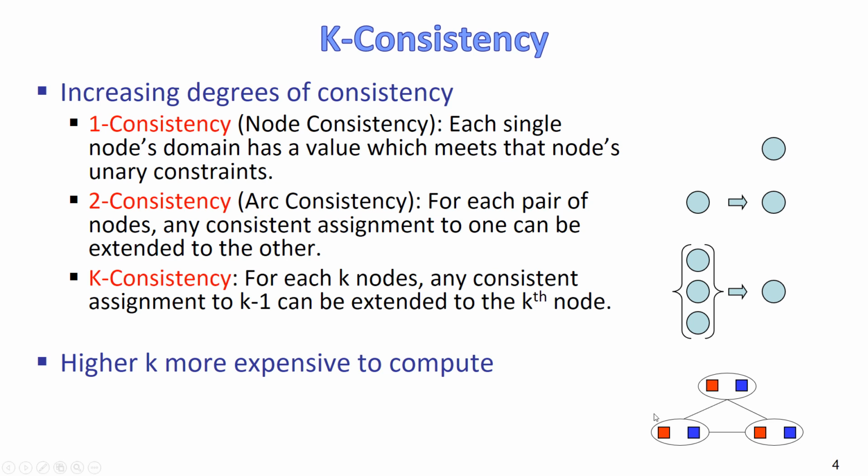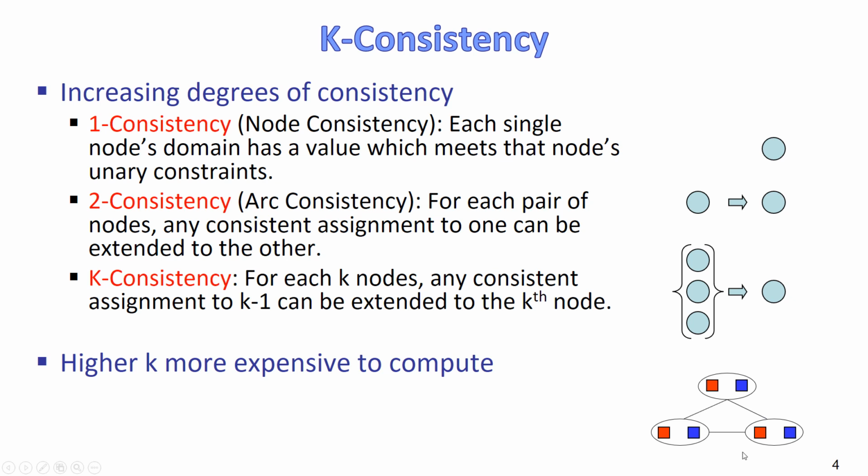Also, if we look at this graph that we checked last time, we found that this graph is arc consistent because all the arcs are consistent. But still, there is no assignment for that graph that is consistent. If you actually look at 3 consistency, then you will see that it's not the case that for every consistent values for a pair of nodes, you will find a consistent value for the third. Because, for example, here, we can assign blue here and red here, and of course, we cannot find a value to assign for the third one.